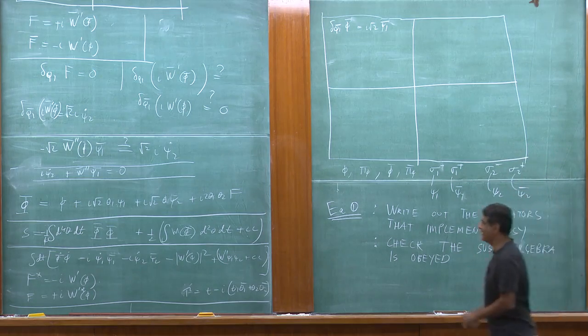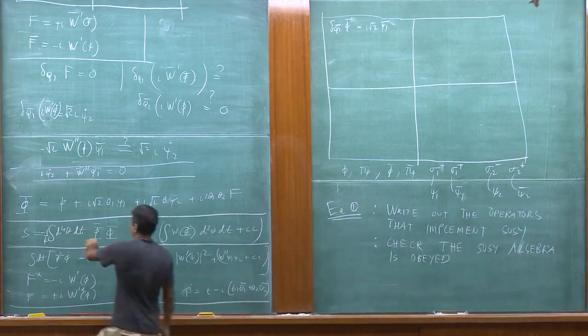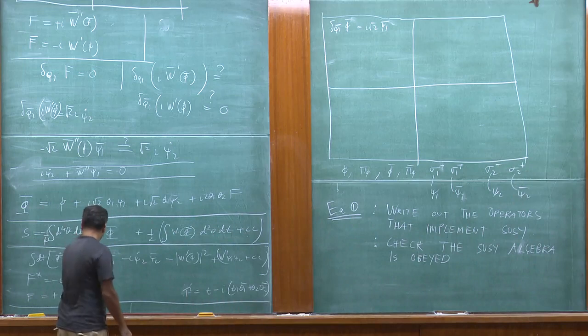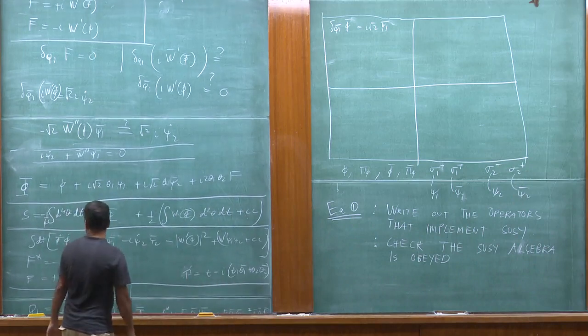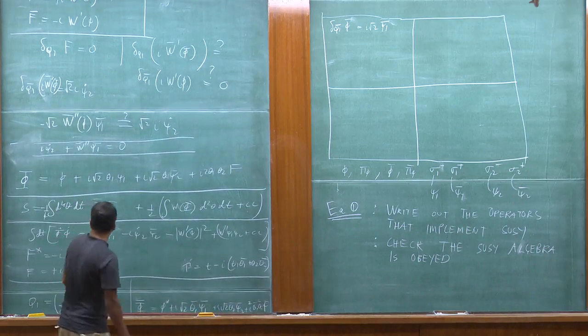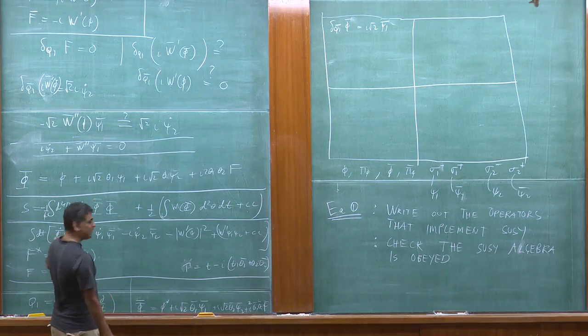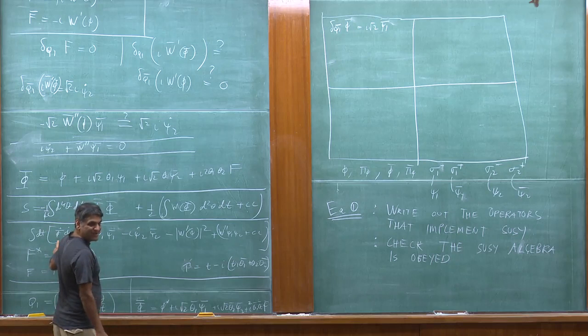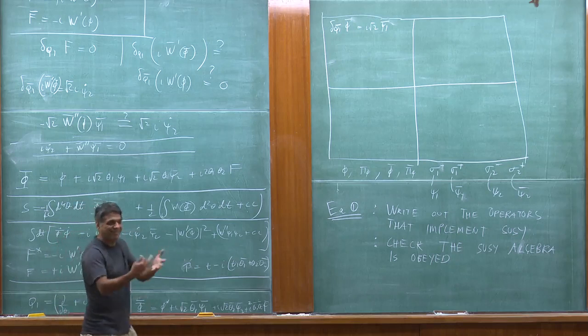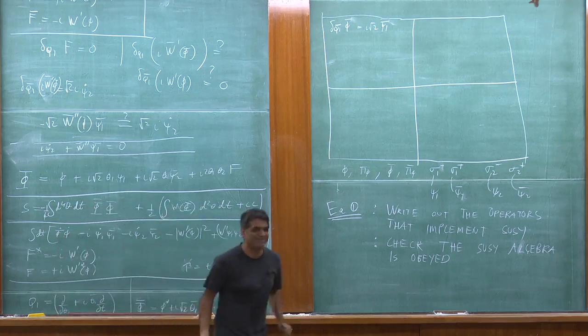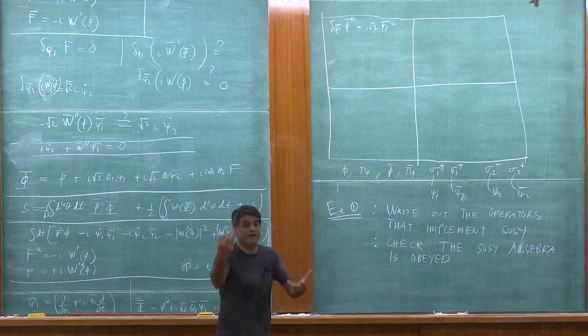Okay, let's write that down. What was the Hamiltonian? So this was a Lagrangian. Well, clearly the Hamiltonian here is going to be momentum squared plus momentum squared, or the complex momentum squared if you want, p phi bar.